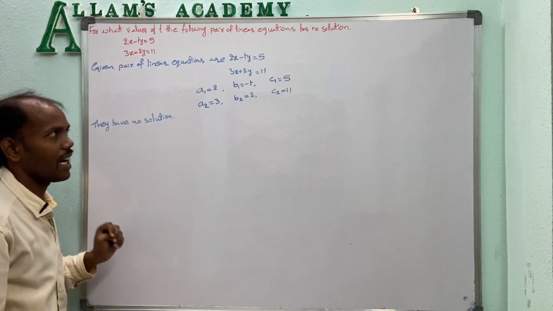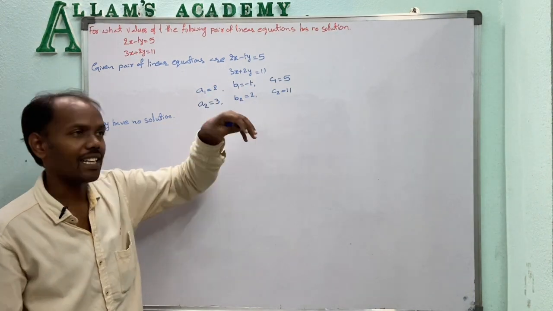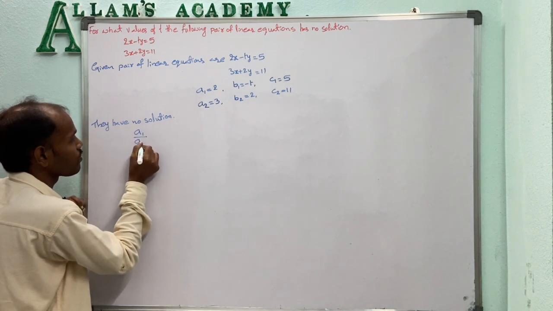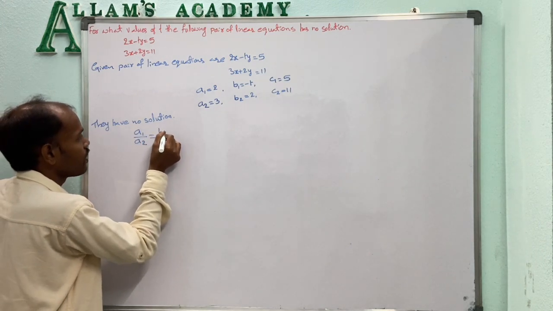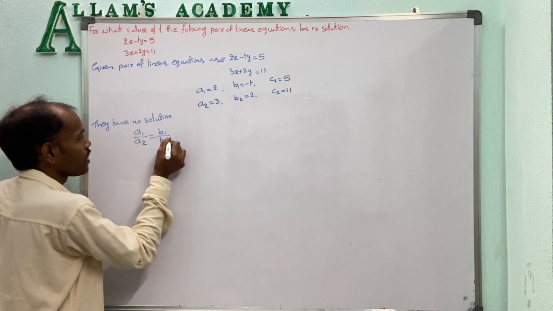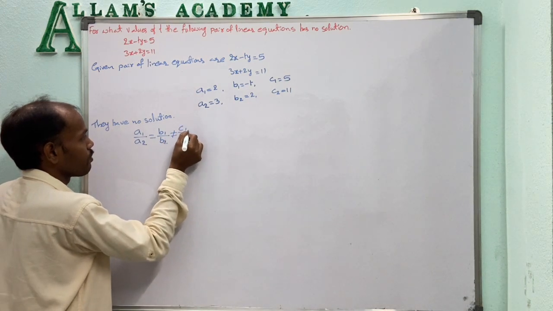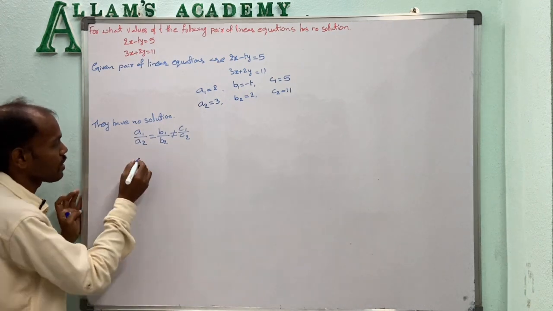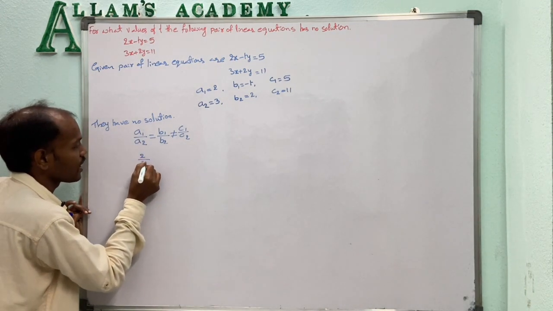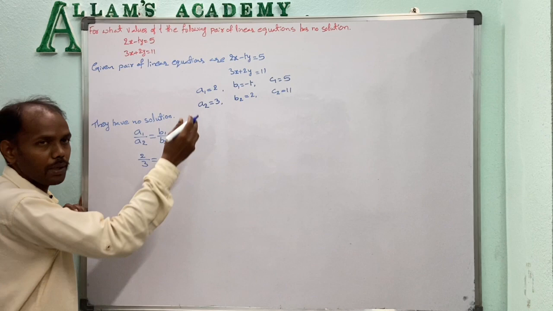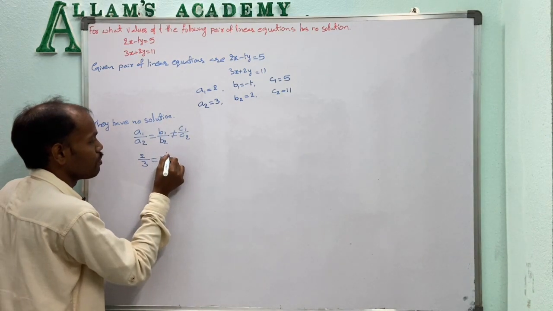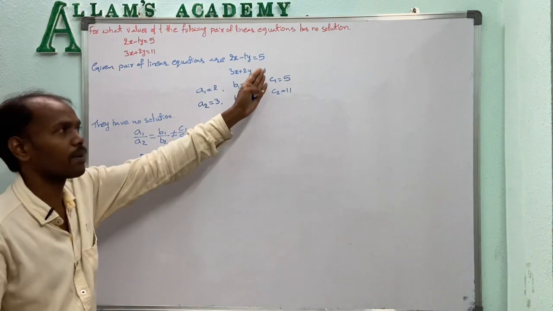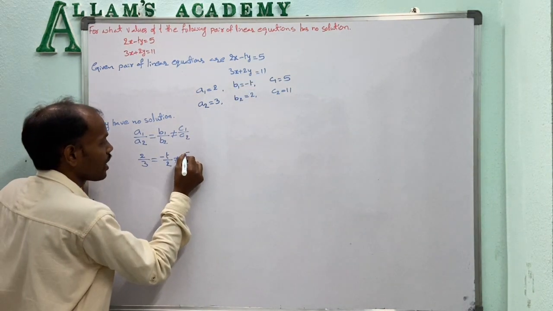No solution means the condition is a1 by a2 equal to b1 by b2 not equal to c1 by c2. So a1 by a2, that means 2 by 3, equal to b1 by b2, minus t by 2, and not equal to c1 by c2, 5 by 11.